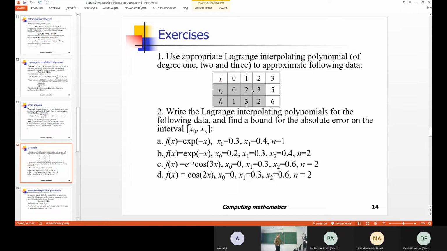I think maybe it's minus 2x squared plus 7x. It should be minus 2x squared plus 7x. Yes.